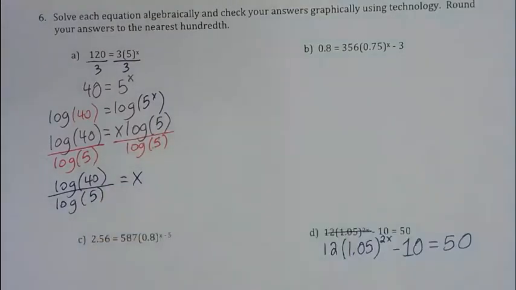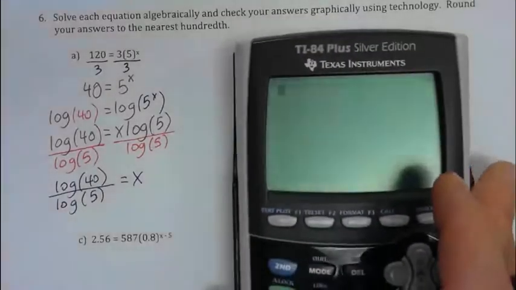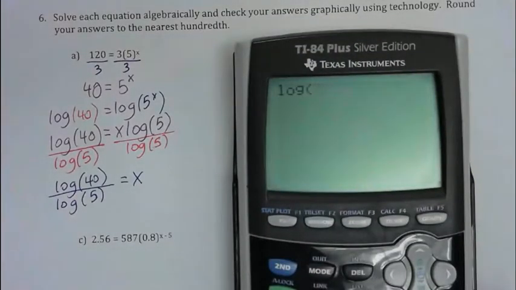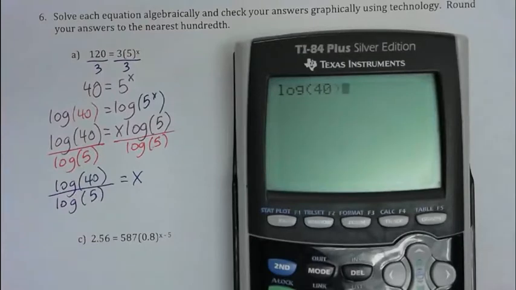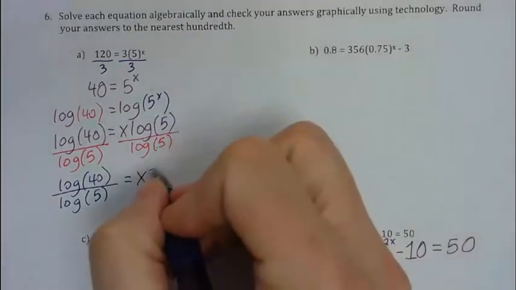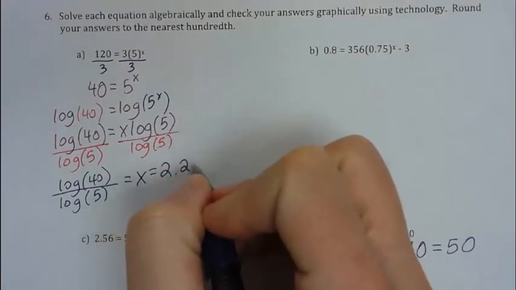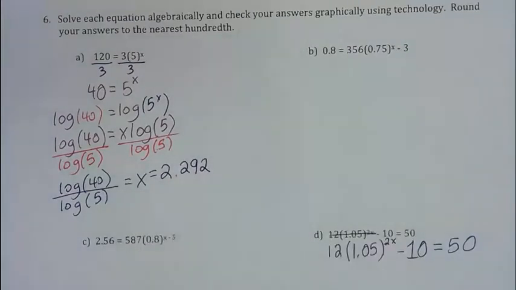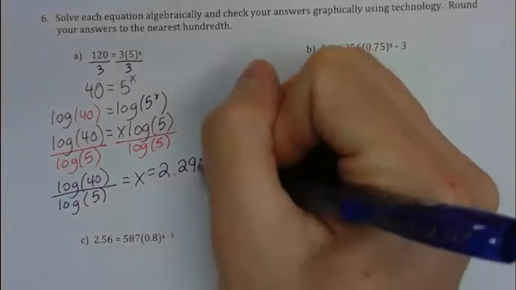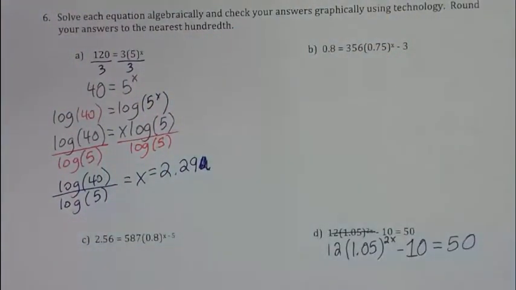Then we can grab our calculator, and we're going to do the log button 40 and log button 5 to find our answer of 2.292. Rounded to the nearest hundredth, we could just cross out the 2 and do 2.29.